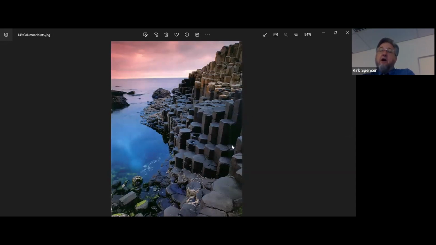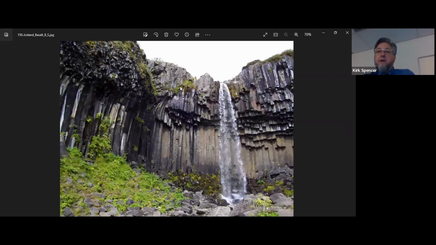The lines of the columnar jointing are along the lines of the flow of the heat through the rock, which makes sense. It would be a vertical flow from the bottom of the lava flow to the top. And most columnar jointing is vertical. However, there are places where they bend, you see here. And we see that bending effect.